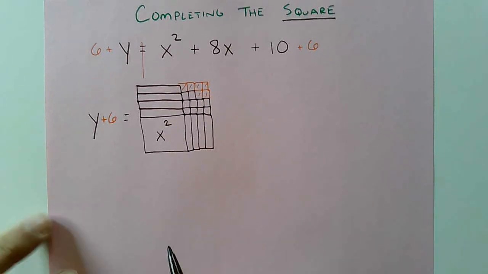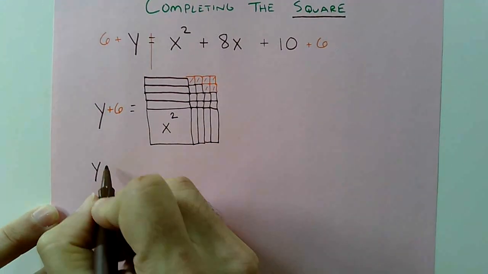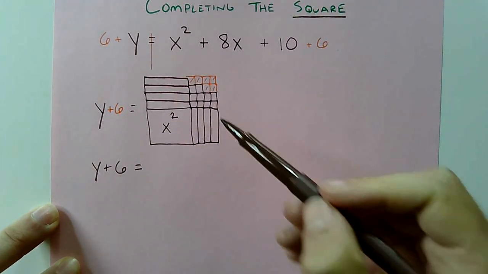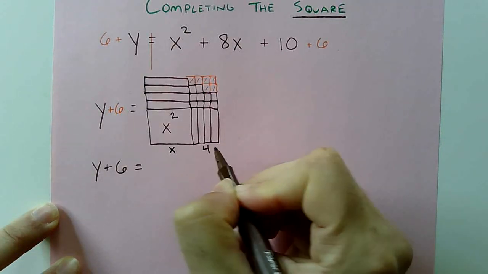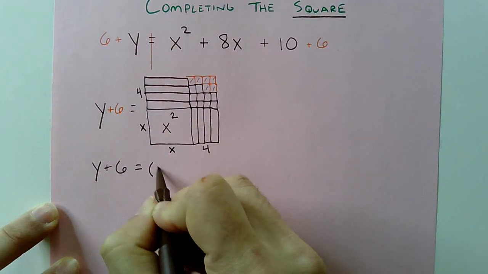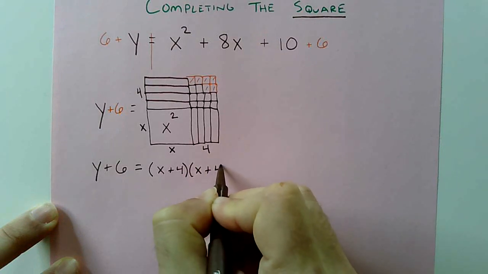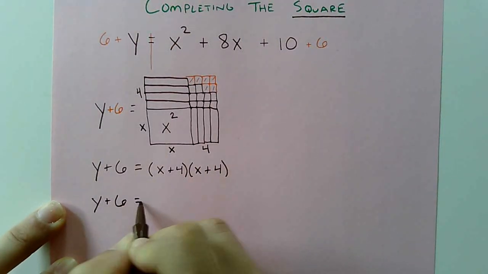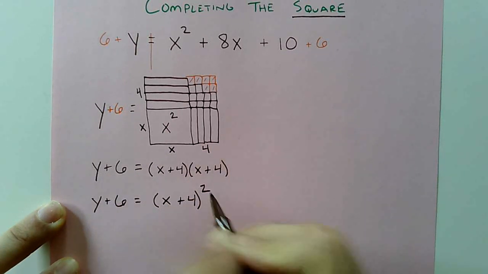The dimensions of that square are x, 4, x, 4, so y plus 6 equals x plus 4 squared.